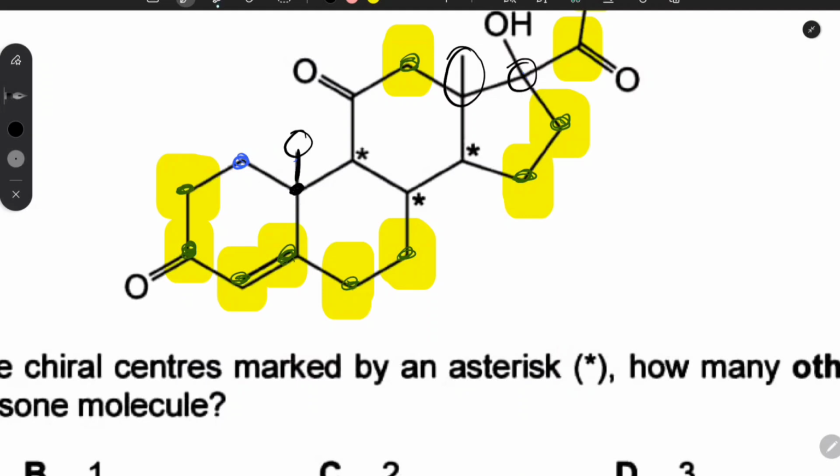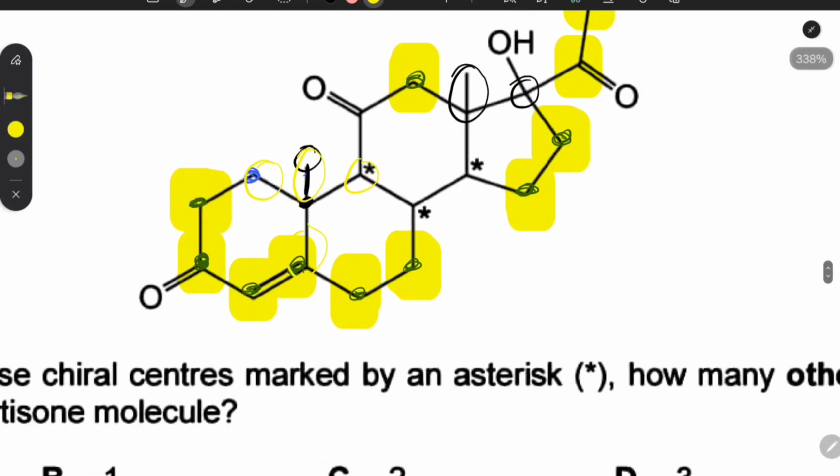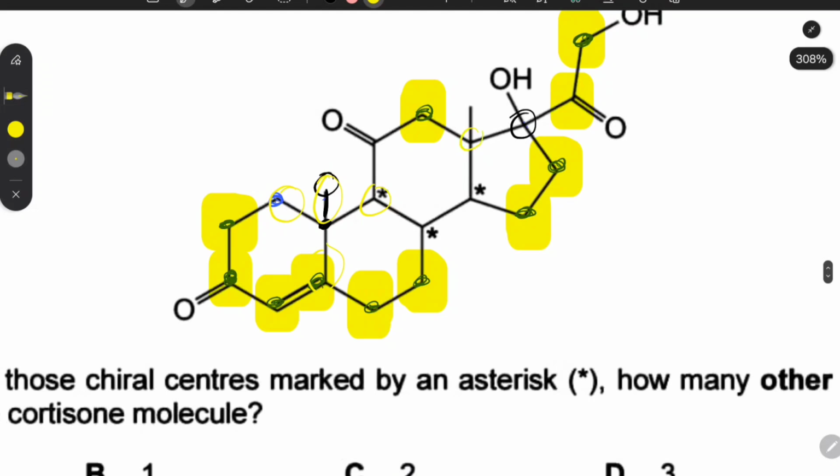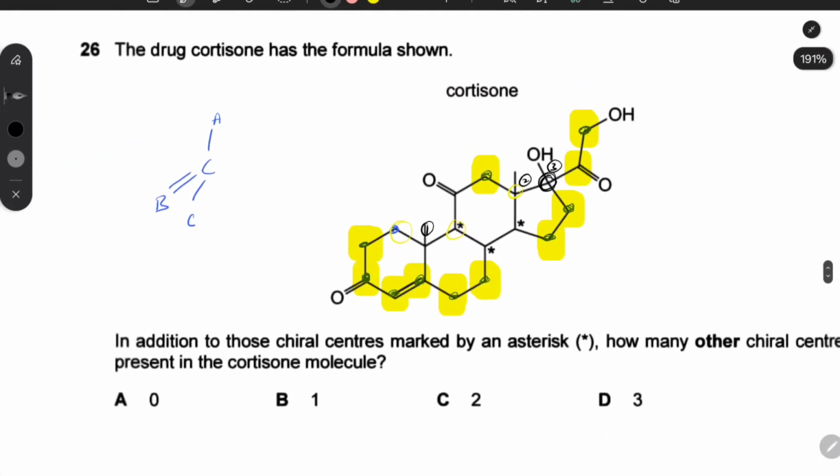So it is attached with four different groups, and the same goes for this one and this carbon atom. So 1, 2, 3, these are 3 carbon atoms which are chiral, because these are directly attached with 4 different groups. So option D is our correct option.